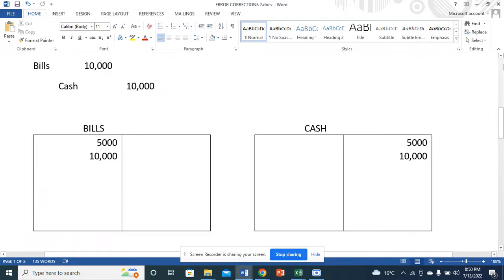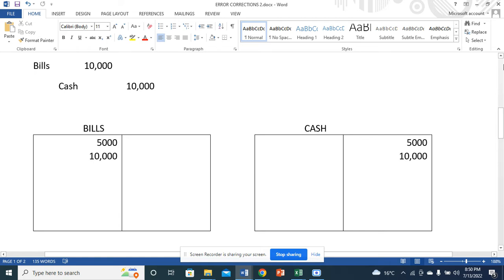Okay. So here we're looking at errors of original entry. This is where wrong amounts are put into the accounts. You can either have undercast amounts, where you put a lower amount than the original amount, or you can have an overcast amount, where you've put a higher amount than the original amount.